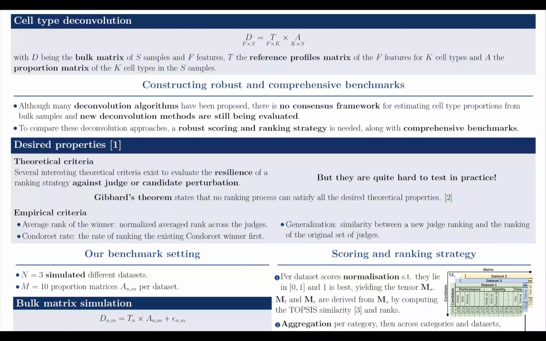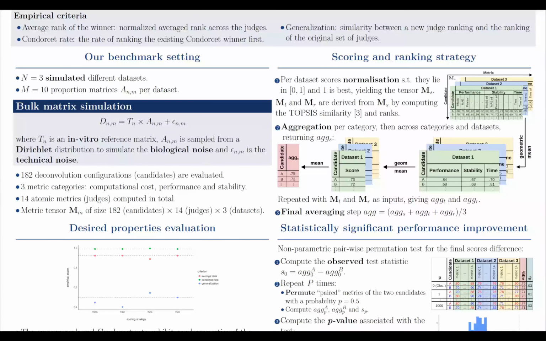We prefer to use empirical criteria, easier to evaluate, such as average rank of the winner, Condorcet rate, or generalization similarity. With those criteria in mind, we constructed a benchmark and a scoring strategy.